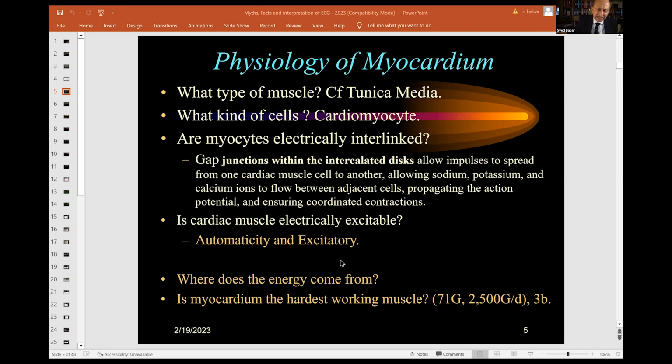So where does the energy come to the cardiomyocyte? After all, it's working constantly, and it's the hardest working muscle, which pumps from each atrium or ventricle 71 grams of blood per beat, leading to 2,500 grams of blood per day, and beating and contracting 3 billion times in the lifetime of a person.